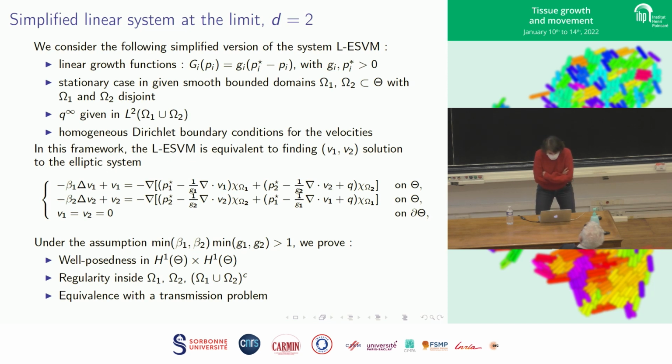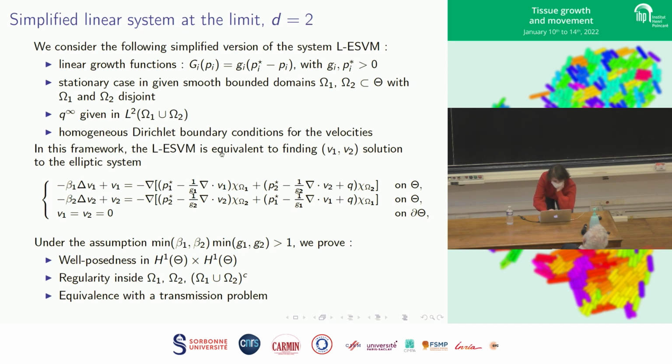And also, which is a big simplification, I consider that Q is given. So I will just erase the equation of Q for the moment and look at the case where Q is given. For example, we can think of Q equals 0 if we are in the LVM case. And I add homogeneous Dirichlet boundary conditions for the velocities.